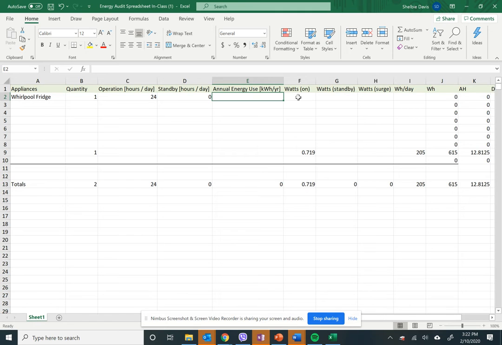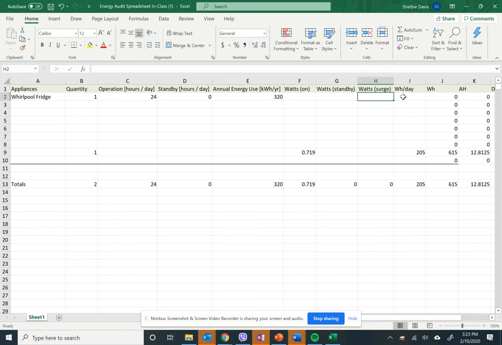36.5 watts on? No, never mind. 320 kilowatt hours a year. 320 kilowatt hours per year. Okay. Cool.